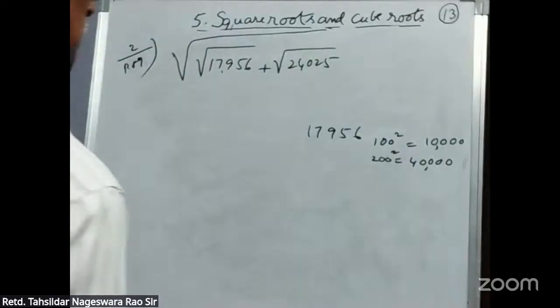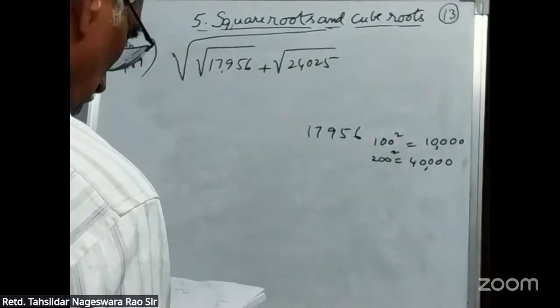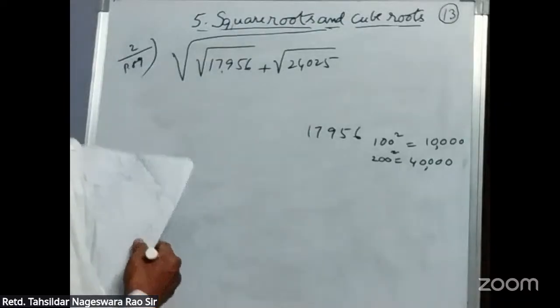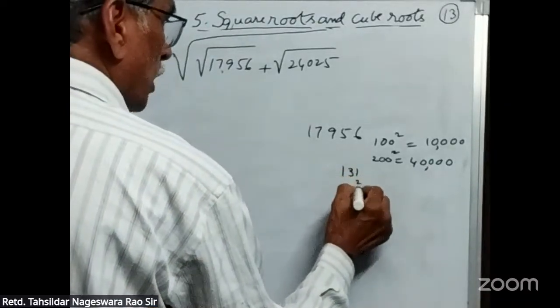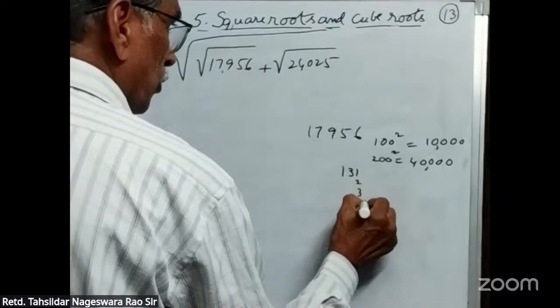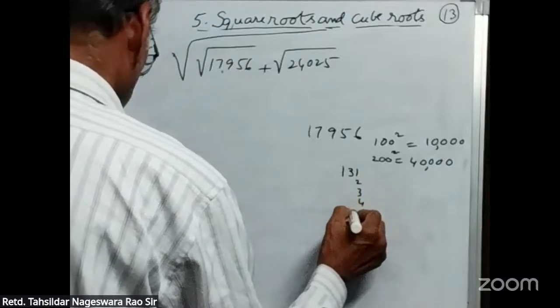This is in between. By trial and error, 131 is not possible. 2, not for 4. 3, 9, 4, 16. 4 is possible.